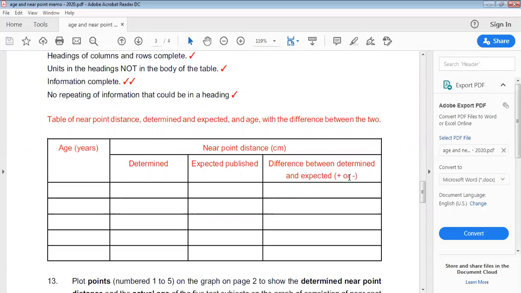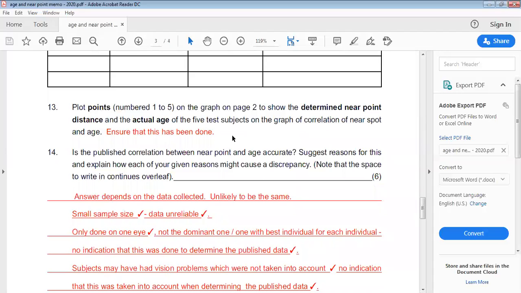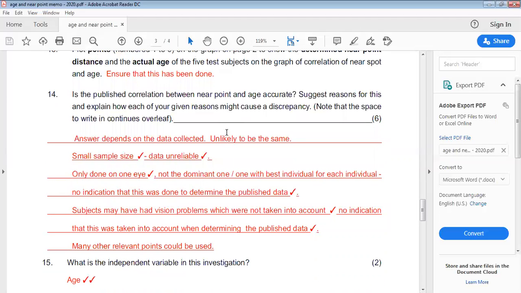And remember, that was a positive or a negative, depending on whether it was closer or further away. Okay. Then you had to plot your points, numbered 1 to 5, on the graph on page 2, just to show the difference between your points and the published points. Okay.